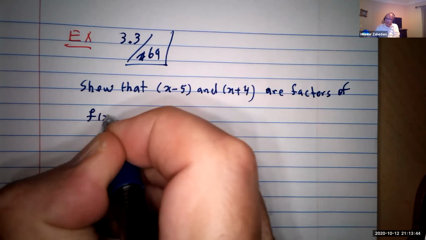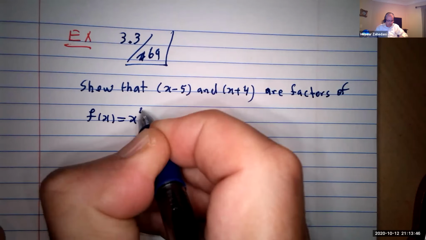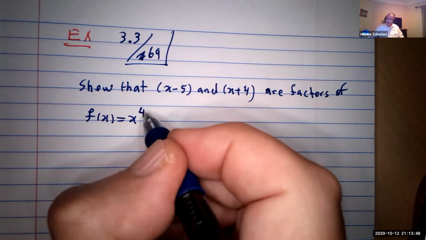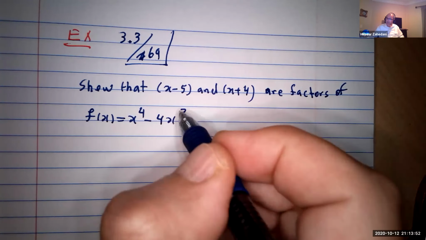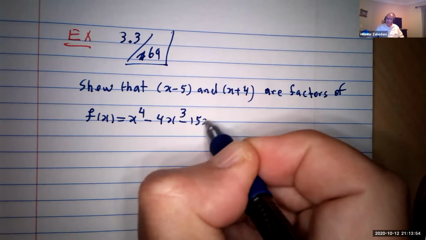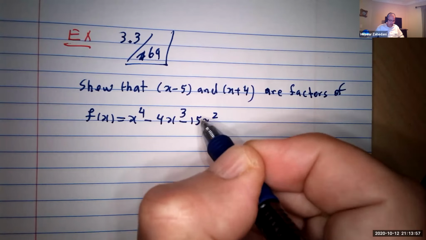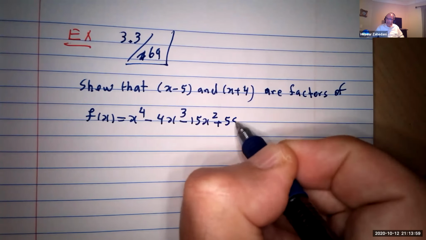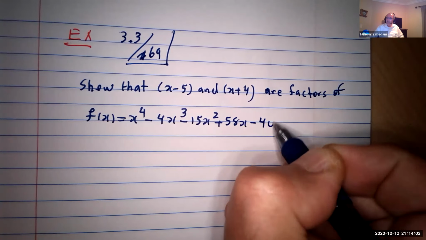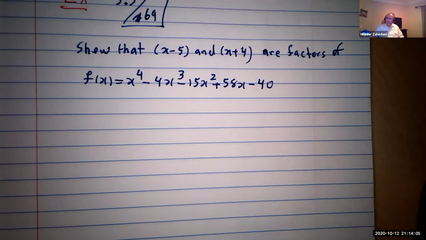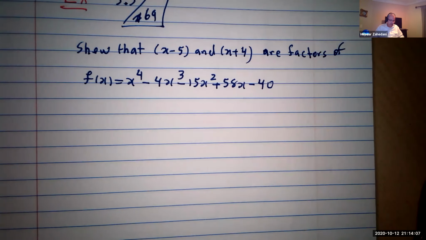F of x equals x to the 4th minus 4x to the 3rd minus 15x squared plus 58x minus 40. Since this is x to the 4th, they give you two factors.